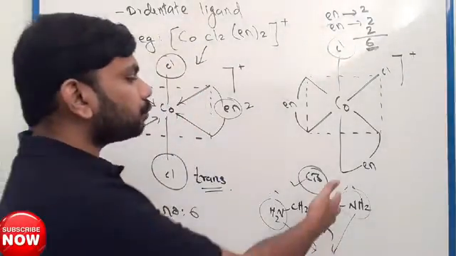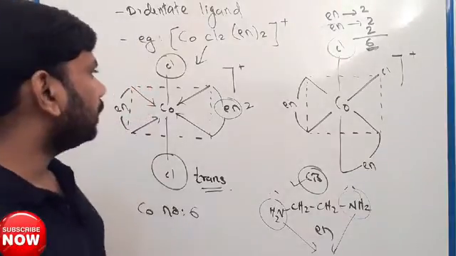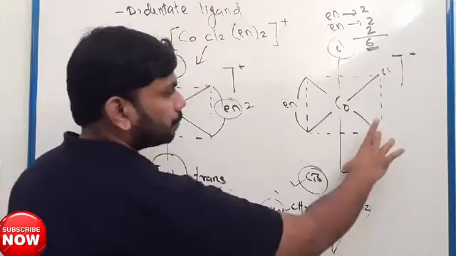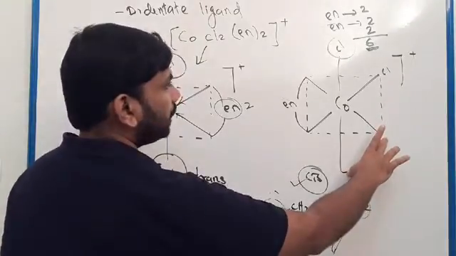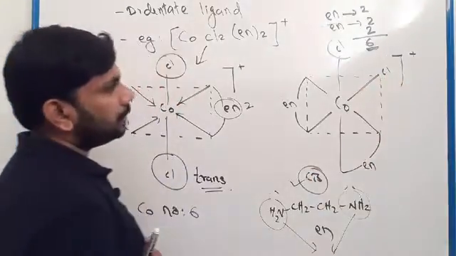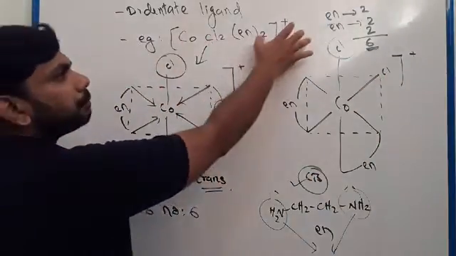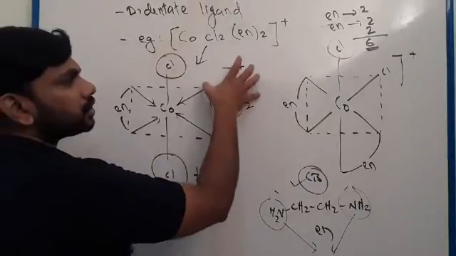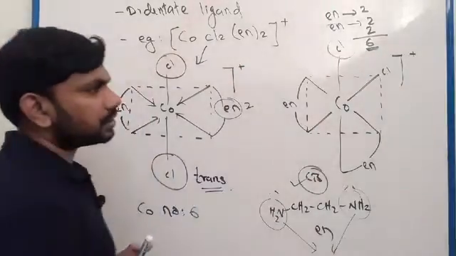And this will be cis. Here the difference: this ethylene diamine bond came to this position, and this chlorine came to another position.